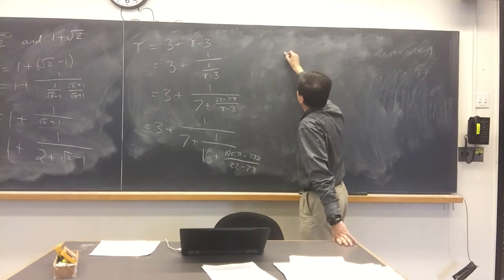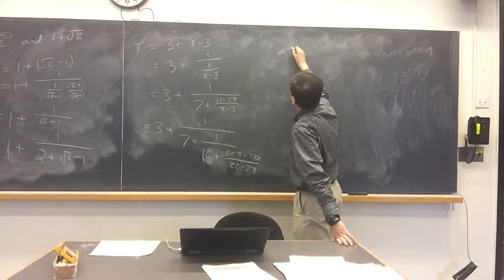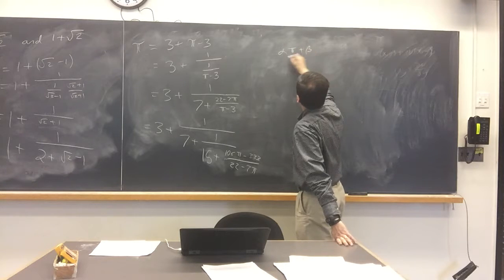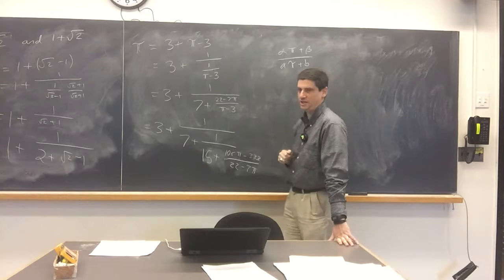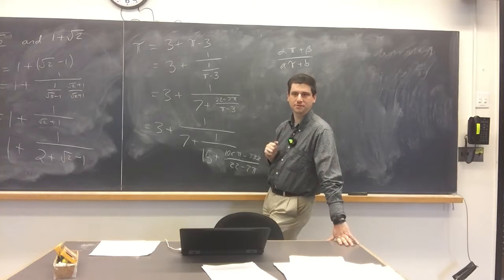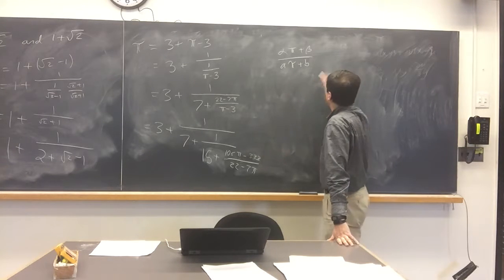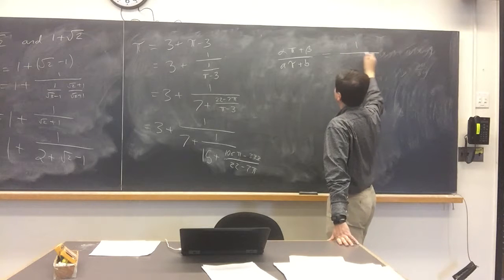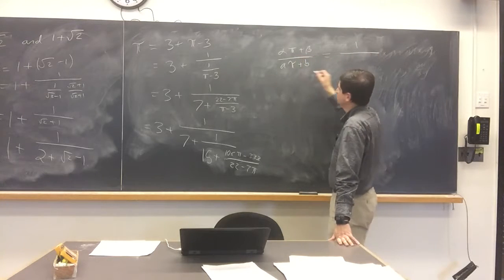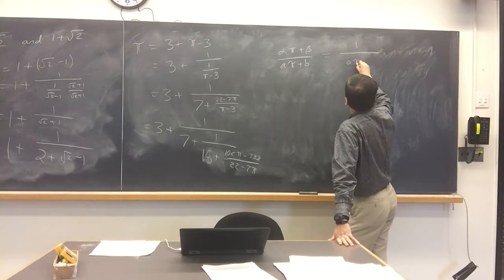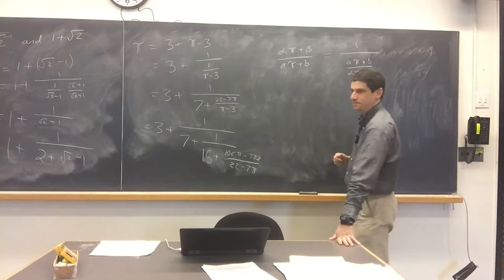So let's assume we have alpha pi plus beta over a pi plus b at one stage. That was our remainder. We write this as 1 over this, which will now become a pi plus b over alpha pi plus beta.